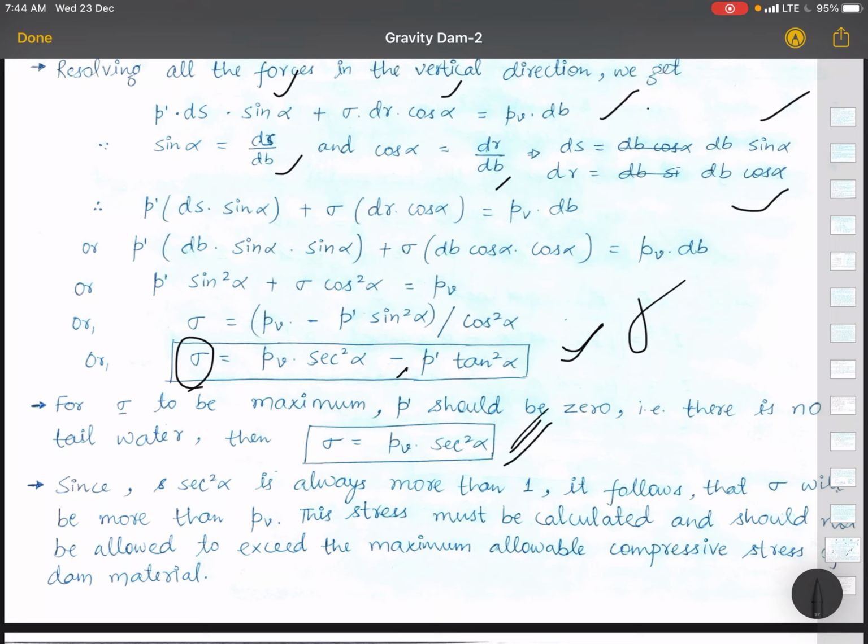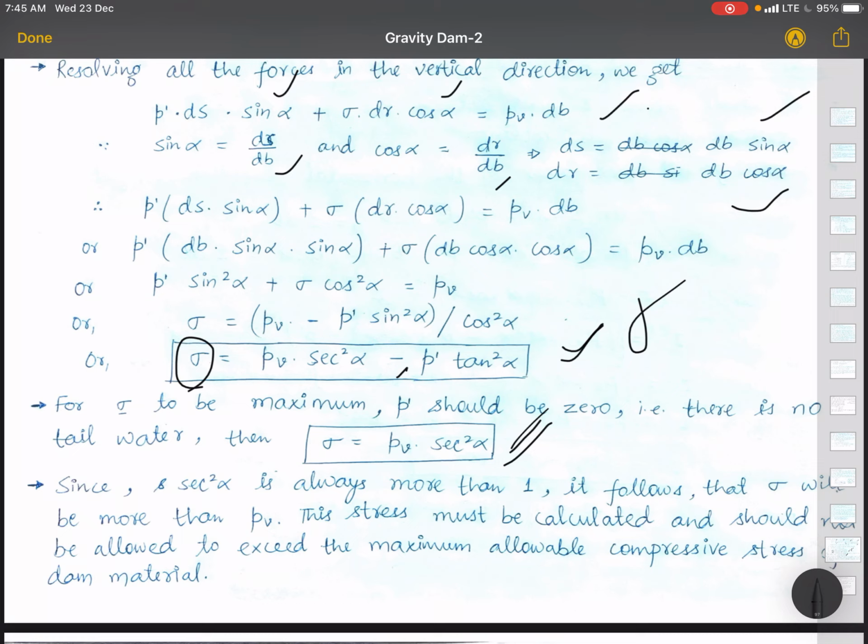This is a very important formula. In GATE or ESE, many times they have asked this directly, the maximum value, for 1 mark, so you can easily get it. Since sec square alpha is always more than 1, it follows that sigma will be more than PV. So this must be calculated and should not be allowed to exceed.